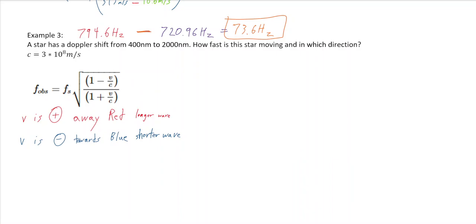Now let's take a look at this example itself. So if the Doppler shift is going from that to that, it's hard to tell exactly, but basically this is the new value, okay, and it's more red, and this is the original value, which is more blue. So we need to change those, however, to be in wavelength.